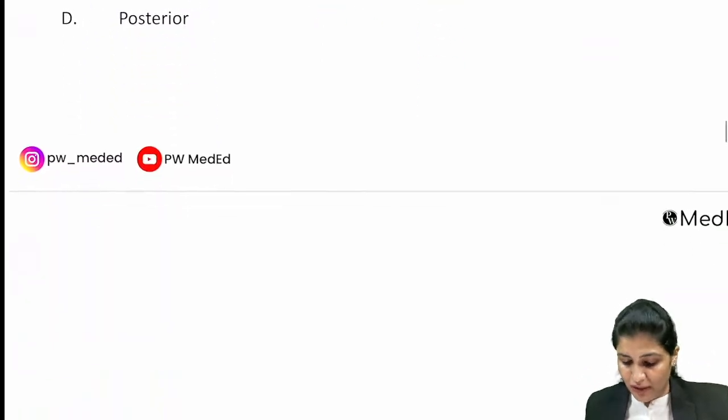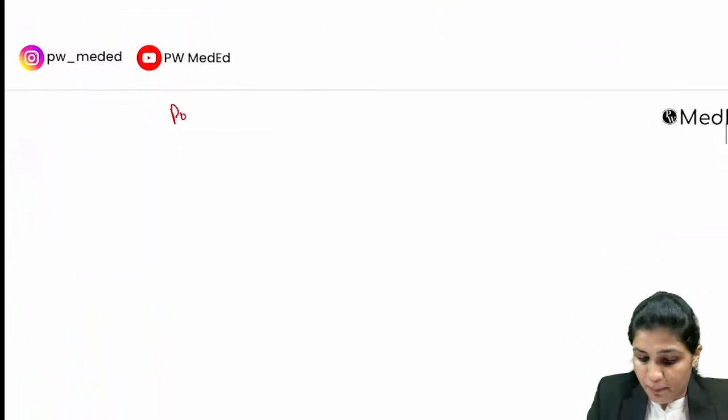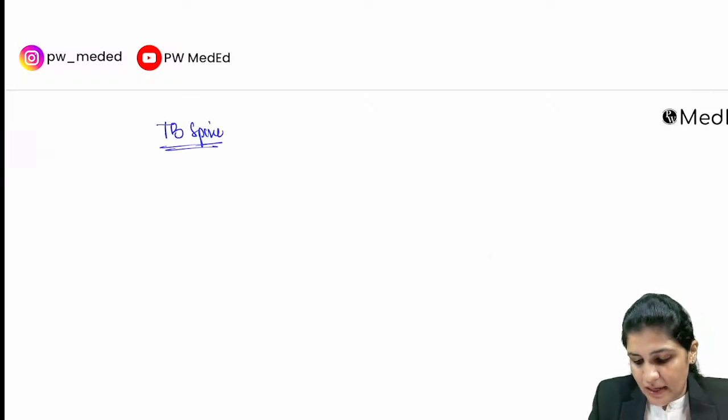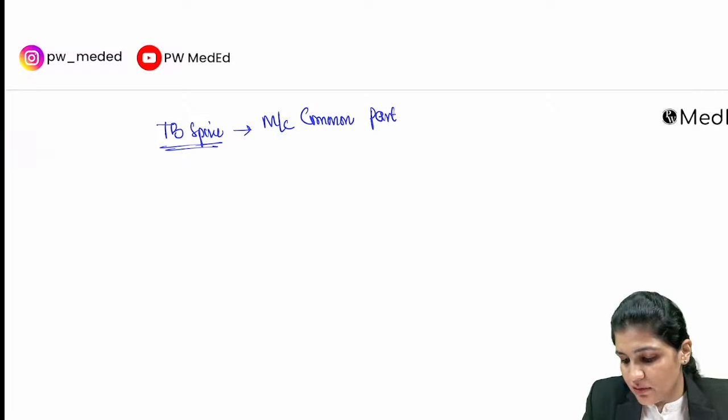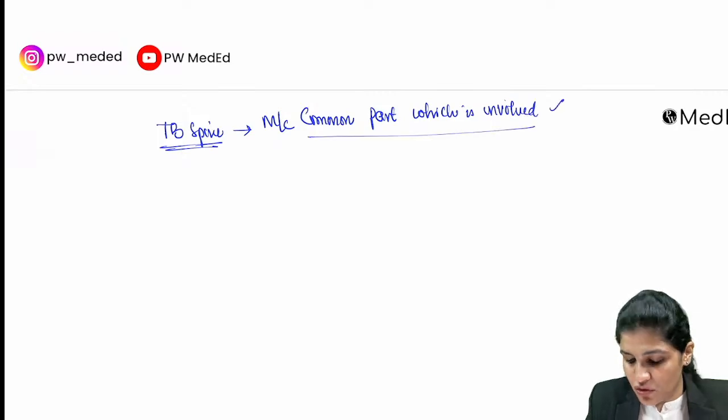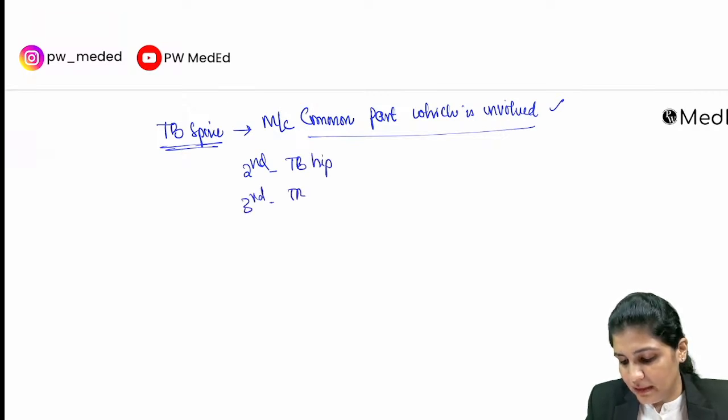This is called TB spine, and the spine is the most common part involved in tuberculosis, the second is TB hip, and third is TB knee.